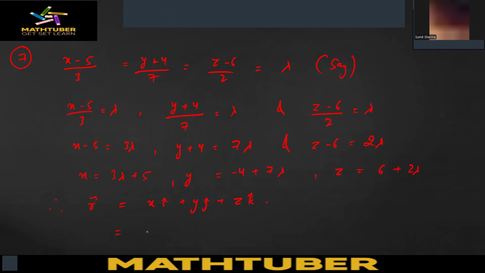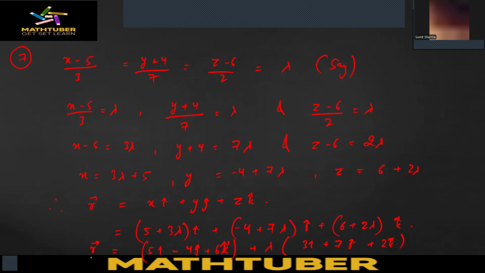And if you put all the values here, you will get (5 plus 3 lambda) i cap plus (minus 4 plus 7 lambda) j cap plus (6 plus 2 lambda) k cap. And if you split this, you'll get 5 i cap minus 4 j cap plus 6 k cap plus lambda into (3 i cap plus 7 j cap plus 2 k cap). This is how we can write the vector form, right?